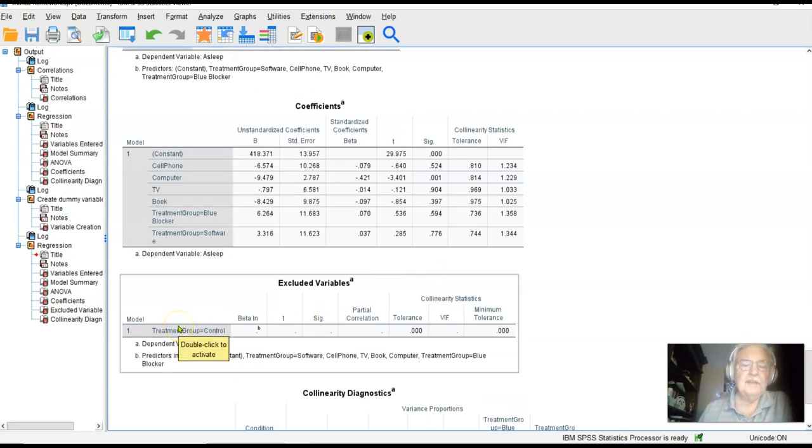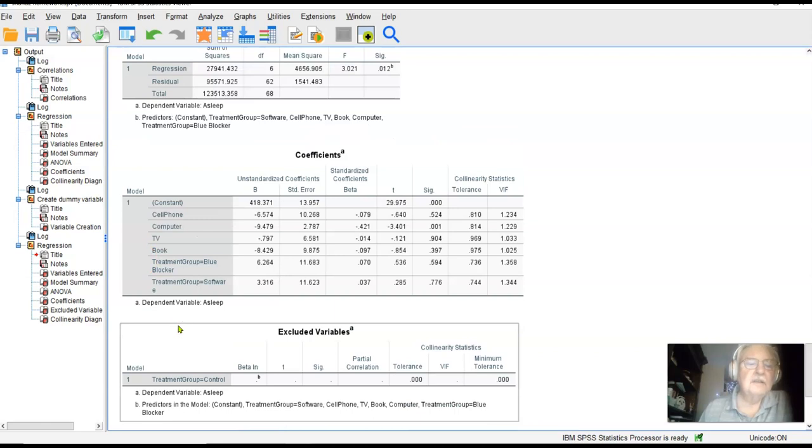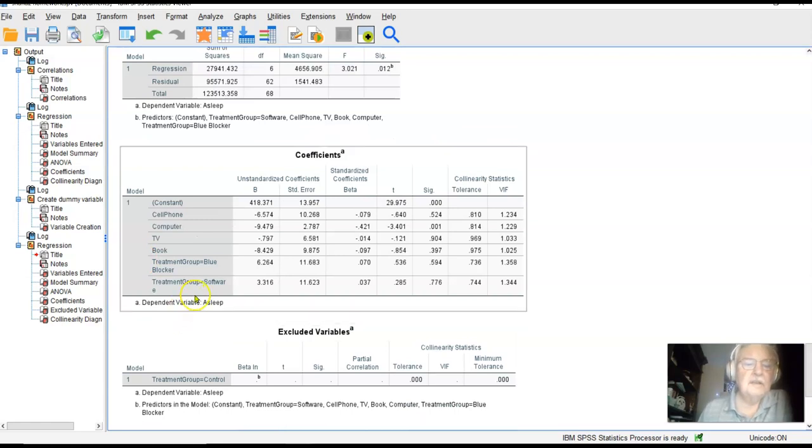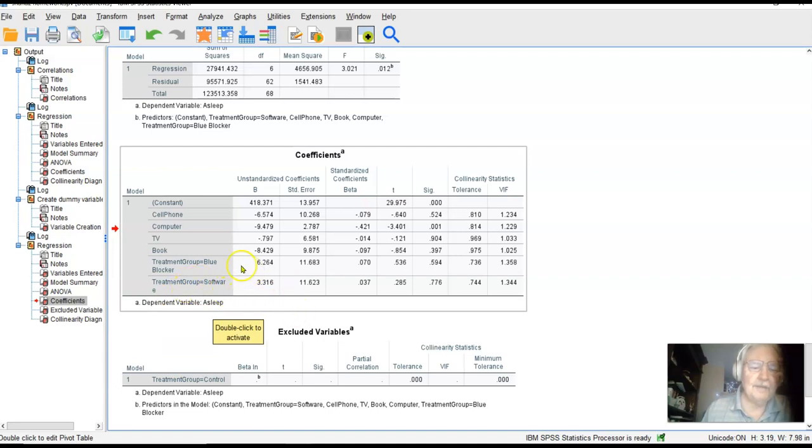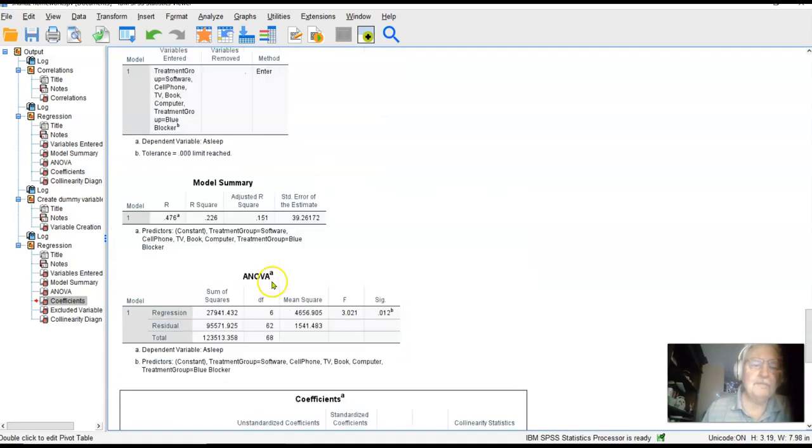Let's see what we get. Now this time look at our coefficients. You can see that we have variables for treatment group blue blocker and treatment group software, but there's no control.